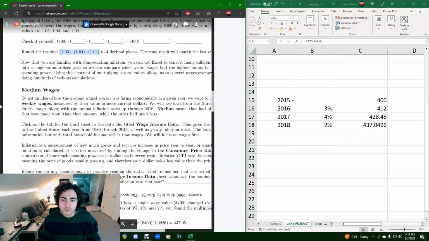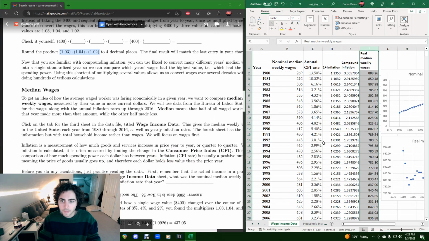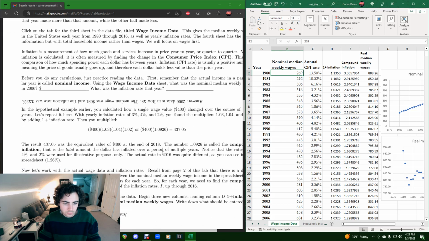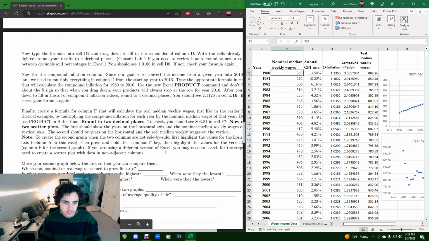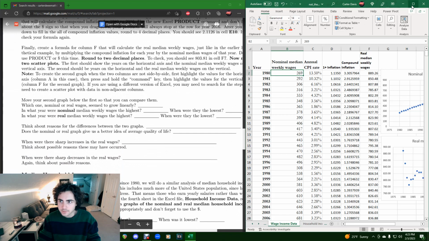So getting on to median wages. Let me talk through what we're doing here and simplify it. Let's open up Excel.